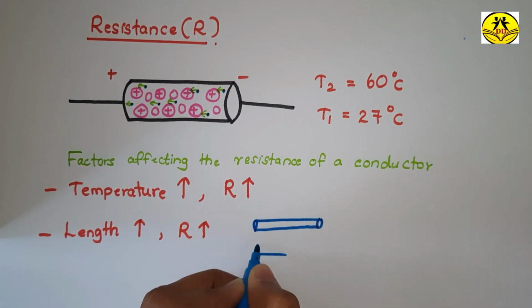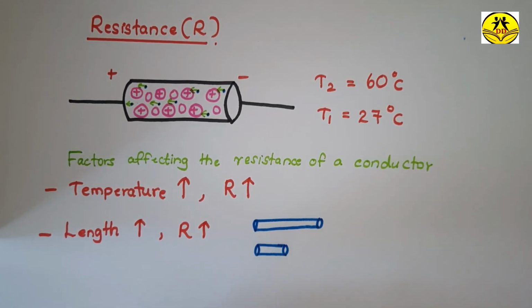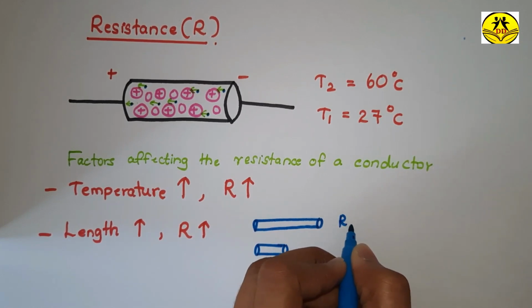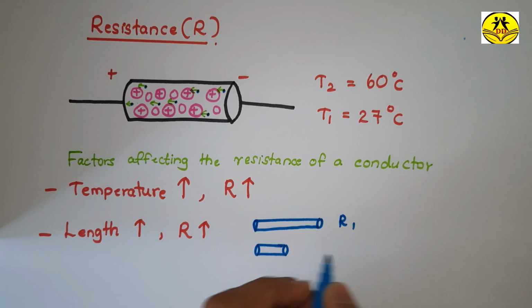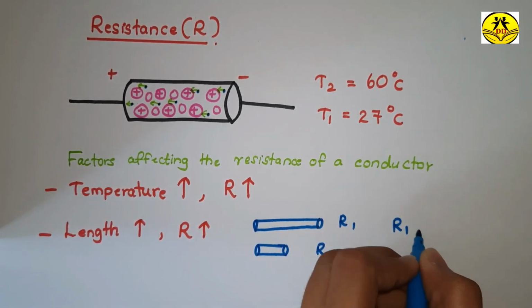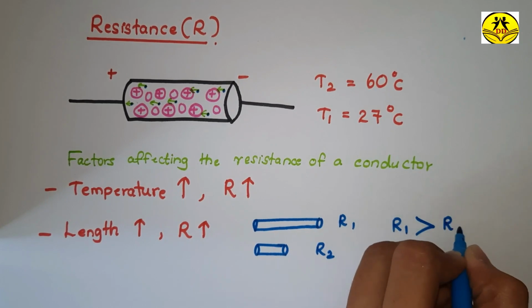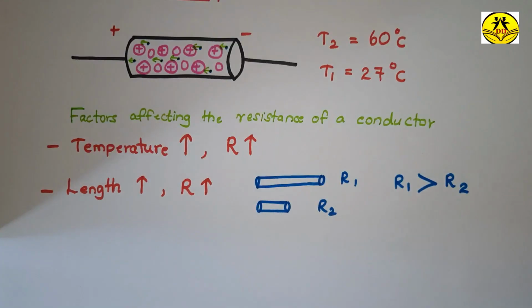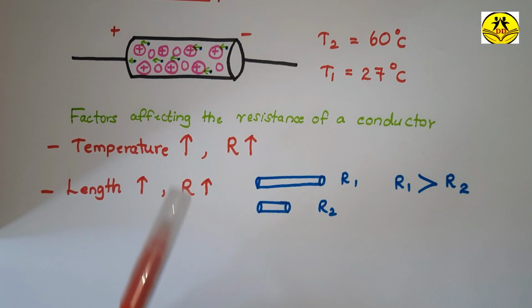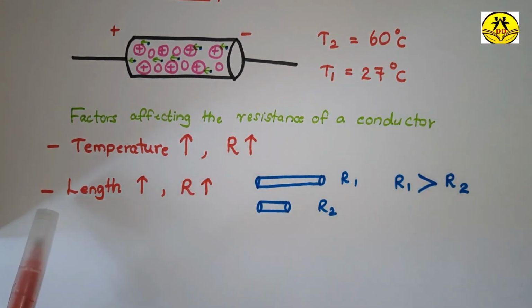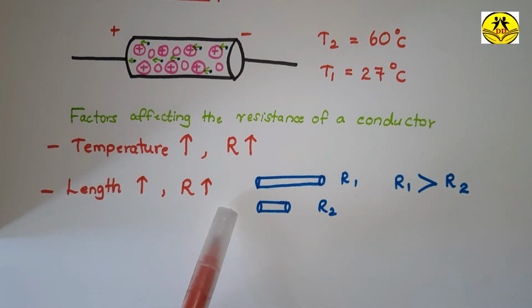This is a shorter conductor. So this resistance is high. Let's say R1, R2. R1 resistance is greater than R2 because its length is greater. Also remember, when we consider the length, the other factors affecting the resistance of the conductor must be constant. Always we consider only one factor.